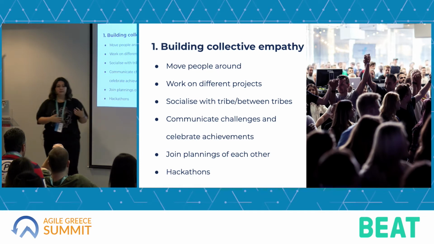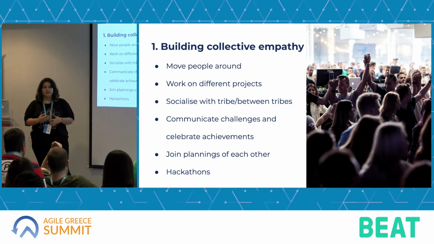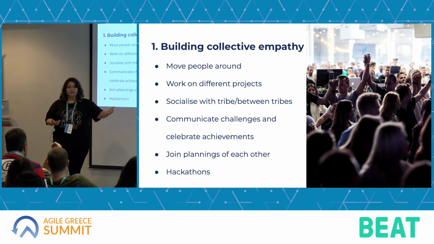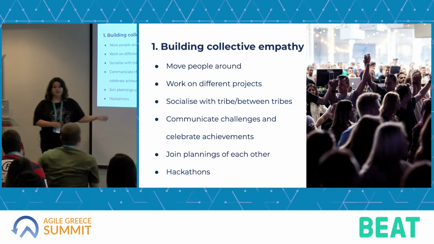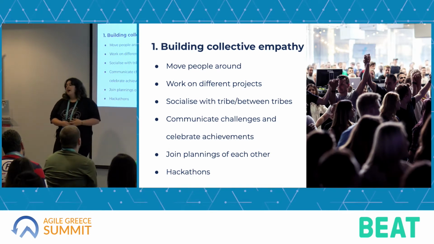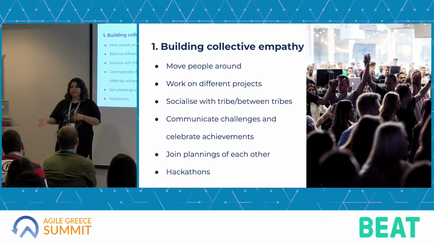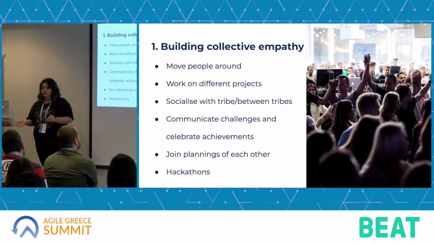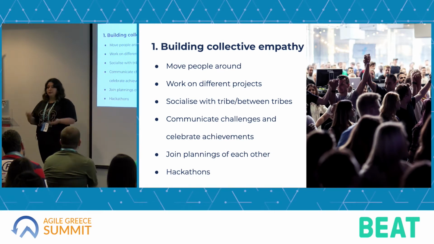If you have people moving around the teams and knowing each other, it helps a lot, because those people know other things and are also friends with other people, so they know what they are doing. Working on different projects also helps, so that you understand the struggles of the project. And we have a couple of events that we socialize together.